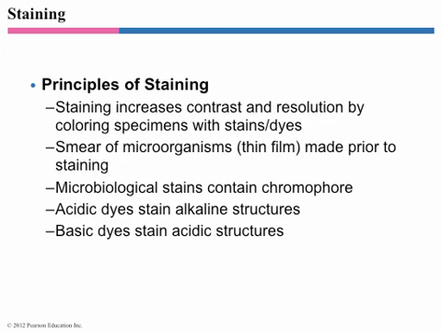So all microbiological stains contain a chromophore, which is basically just a colored thing. Although I guess there are fluorescent stains as well. Usually we refer to fluorescent stains as dyes, but they're effectively very similar things. Stains come in two varieties, acidic and basic.